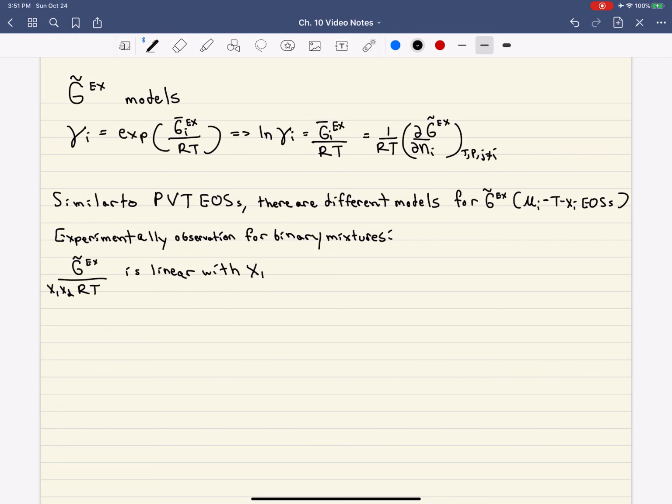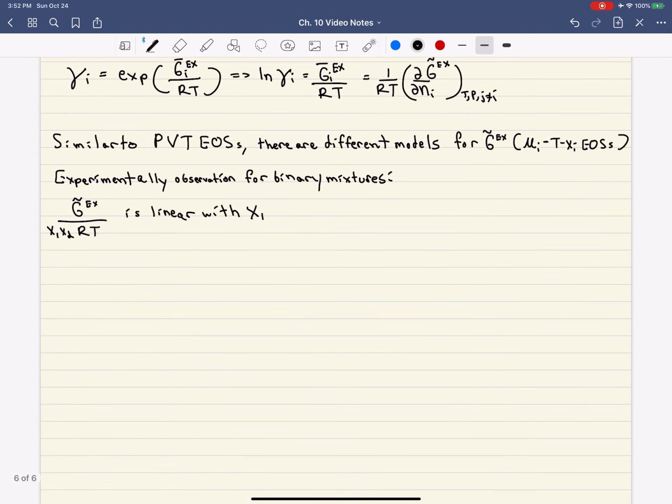Okay? All right. And so, based on that experimental observation, the scientist Margules proposed this model.